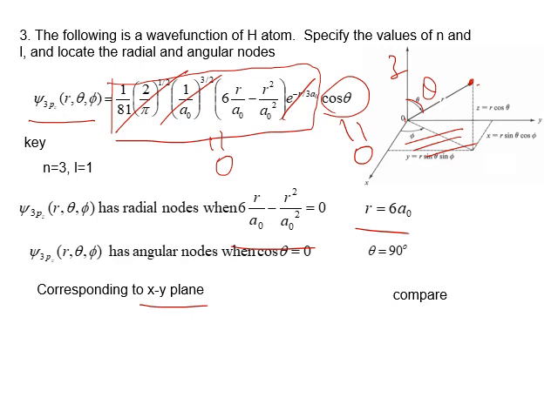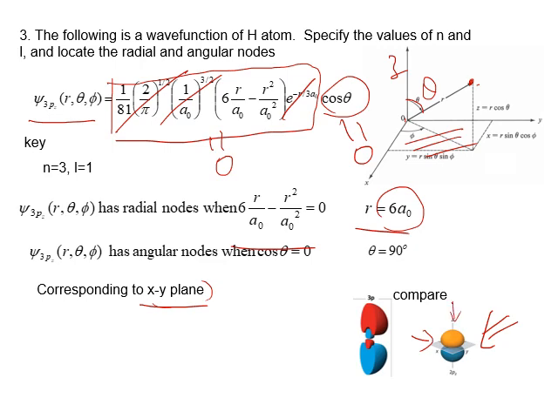So what does this 3p orbital look like? You have a radial node at distance 6a naught, where the wave function is 0, and the angular node, which is the xy plane. We know 2p looks like this. That's the 2p orbital, and it has an angular node: in the xy plane the wave function is 0. The wave function is maximum along the z direction, but 0 in this plane.